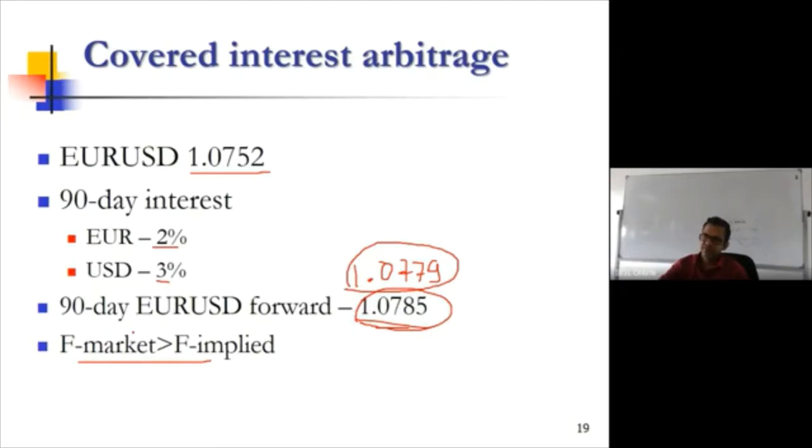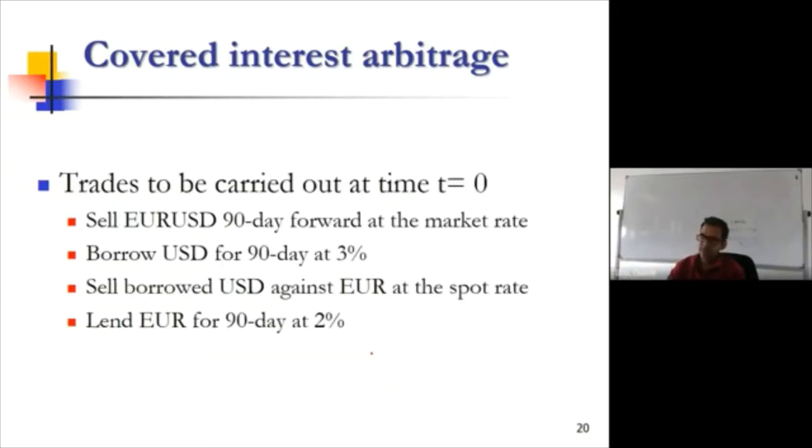What do you do? Sell euro forward, 90-day forward, because you sell the expensive one. Since you have sold euro and bought dollars on a forward basis, what do you have to do? Borrow counter currency. In the previous example, can you remember, we borrowed base currency.